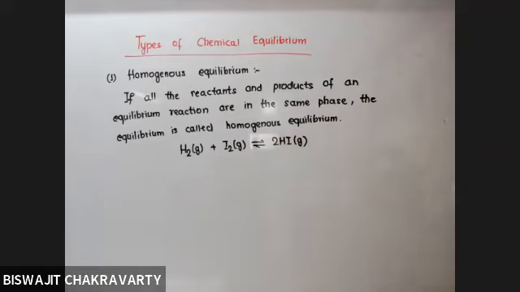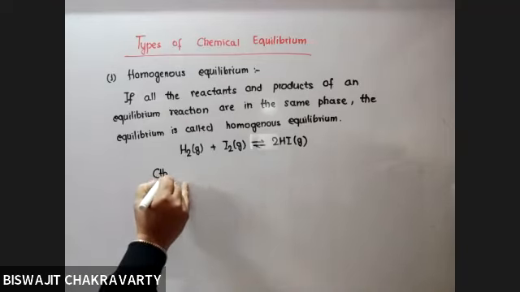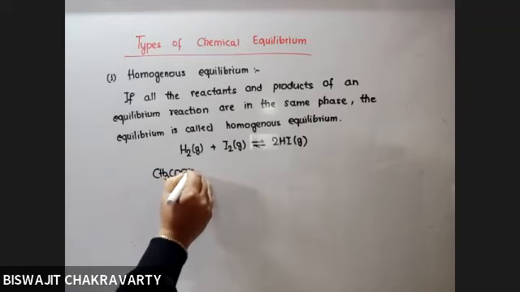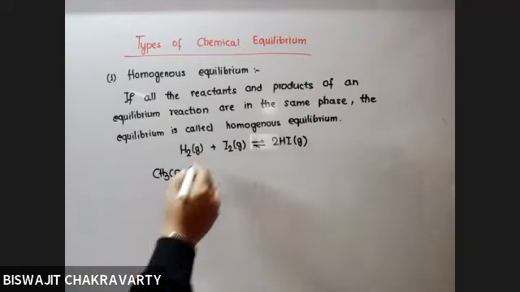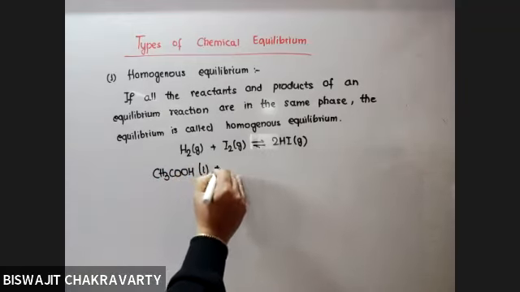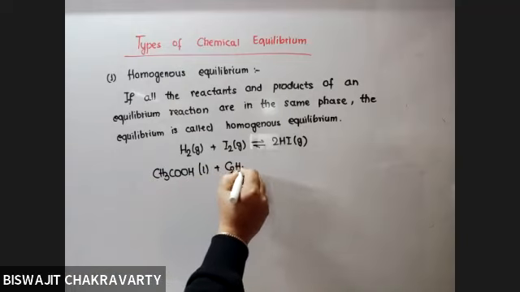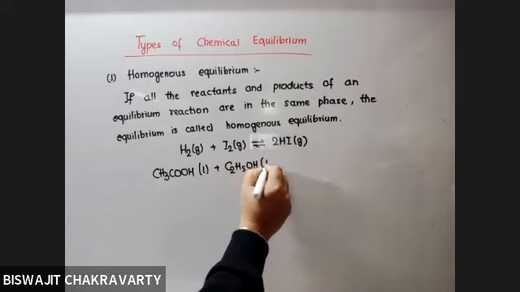Okay, so here all the reactants and products are in the gaseous phase. So if in a reaction, all of them are in the same phase, doesn't matter whether it is liquid or solid. Suppose we have CH3COH liquid plus C2H5OH liquid.